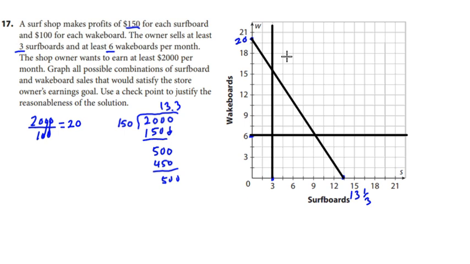And so our solution set is going to be greater than 3 surfboards, so to the right of this line here, greater than 6 wakeboards, so right up here, and also above the $2,000 line. So our shaded area is going to be this one right here.